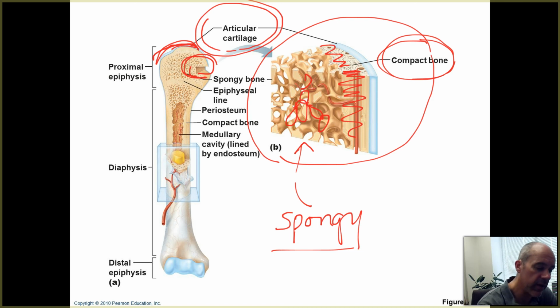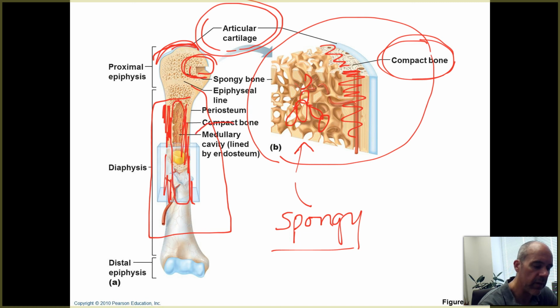Now if you come down here into the diaphysis, you've got compact bone around the edges, and then in the center, right there in the center, you have what's called the medullary cavity. Medullary cavity is another name for marrow cavity.